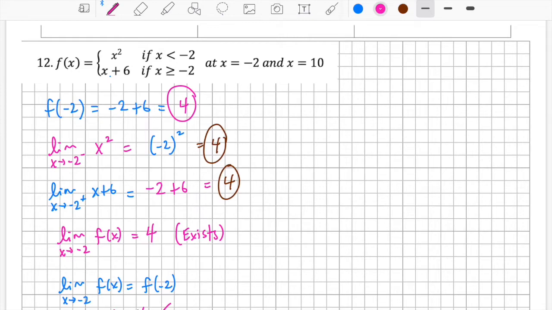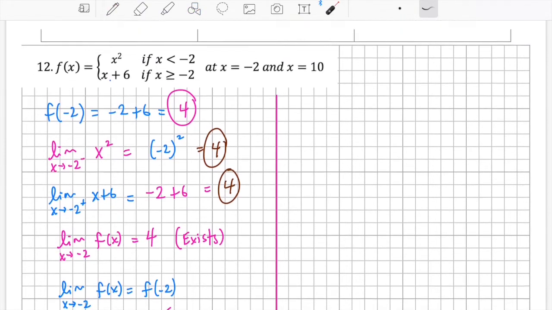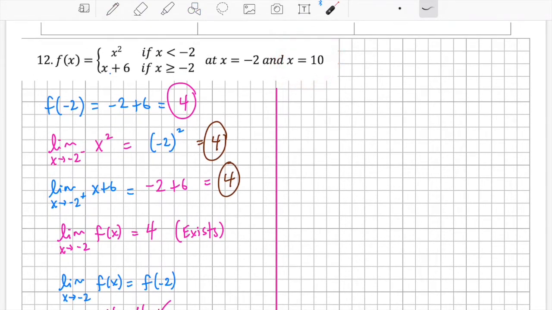Now checking at 10, we're going to make things easier. 10 is greater than negative 2, because negative 2 is our point of interest. So the function that I need to use is x plus 6.